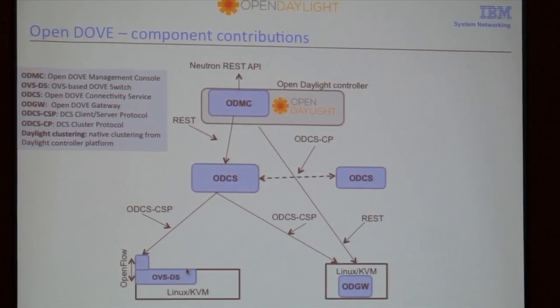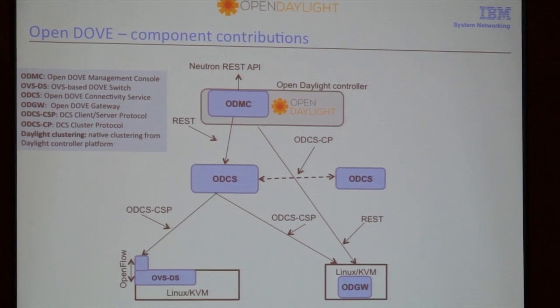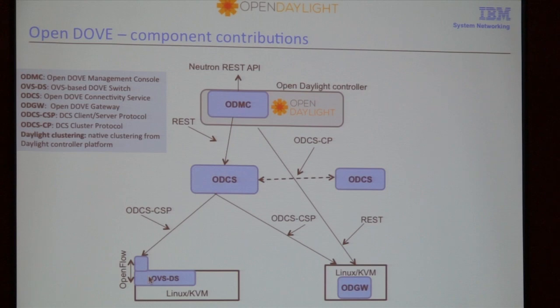And then the DCS talks to the data plane element, which is the user space agent that sits on top of OVS, using a client-server protocol that we're in the process of publishing as an IETF draft also. We'd like to get comments on it. I don't know if people who work in the IETF know the NVO3 working group, which is about network virtualization.